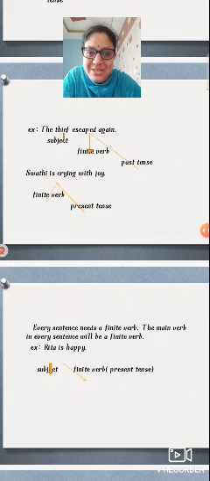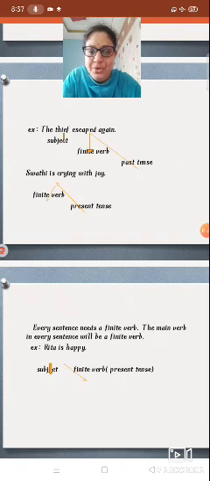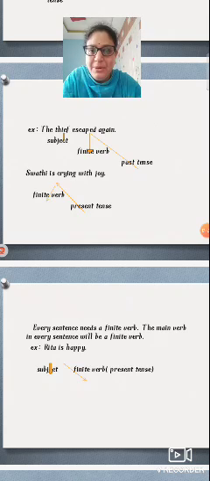Next example here. Sorry, I didn't see. Swati is crying with joy. Funny example, right? So what is the finite verb, what is the tense, and what is the subject here? The subject automatically is Swati, right?